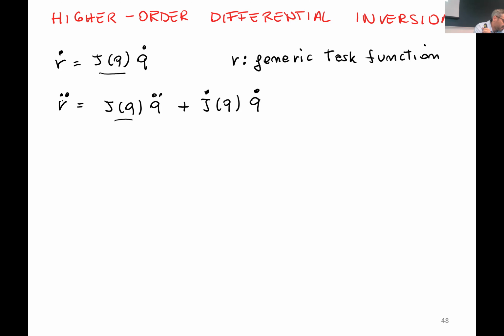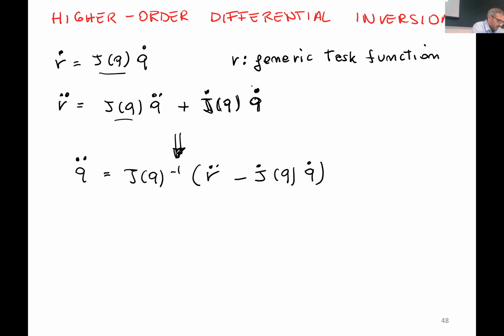So the acceleration of the end effector, or the task variable, is the Jacobian times q double dot plus the derivative of the Jacobian with respect to time times q dot. So if you want to retrieve the joint acceleration from the Cartesian acceleration, we need to do this computation.